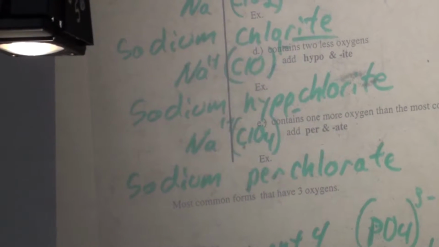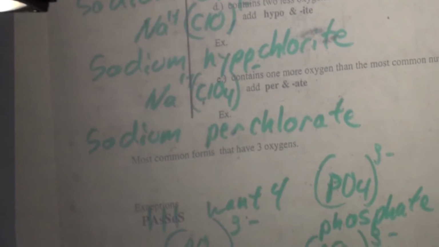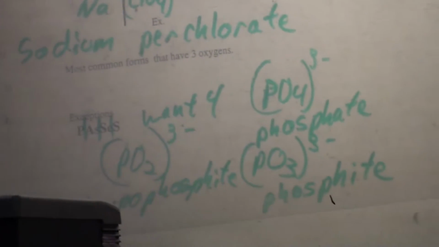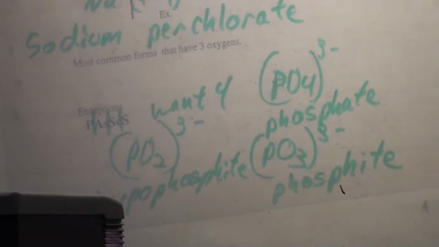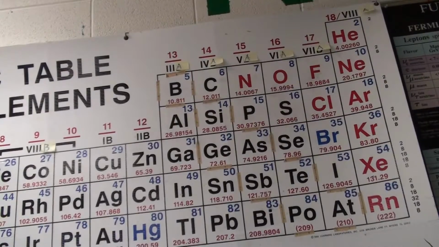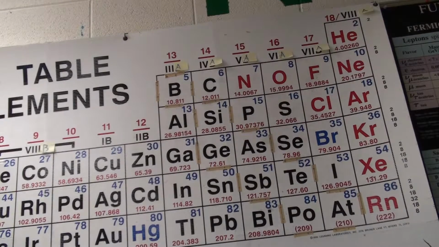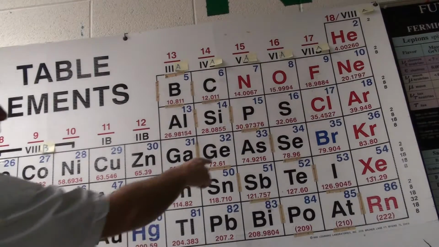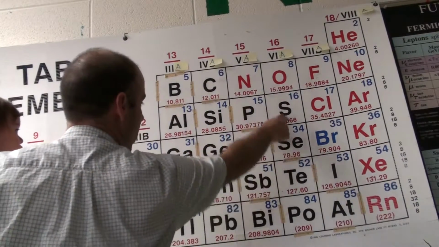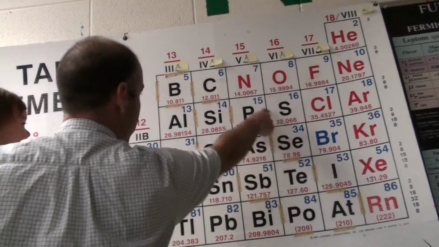And if you have one more oxygen than what it wants, you change it to per-ate, except for PASS. Those 4 elements want 4. The 4 that want 4 also happen to be all right next to each other: phosphorus, arsenic, selenium, and sulfur.